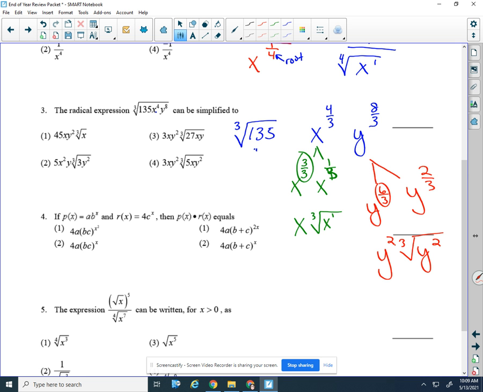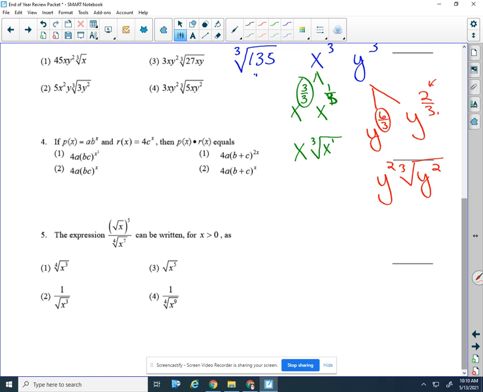Make sure your simplest radical form is when your numerator is smaller than your denominator. So if I put my variables together, I end up with x y squared, cube root x y squared.